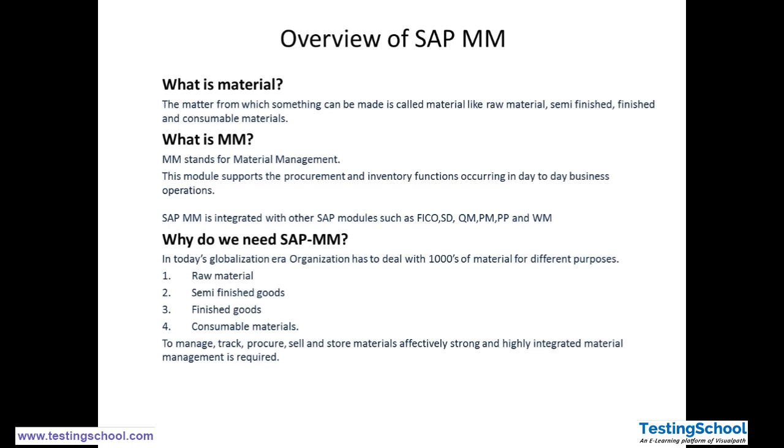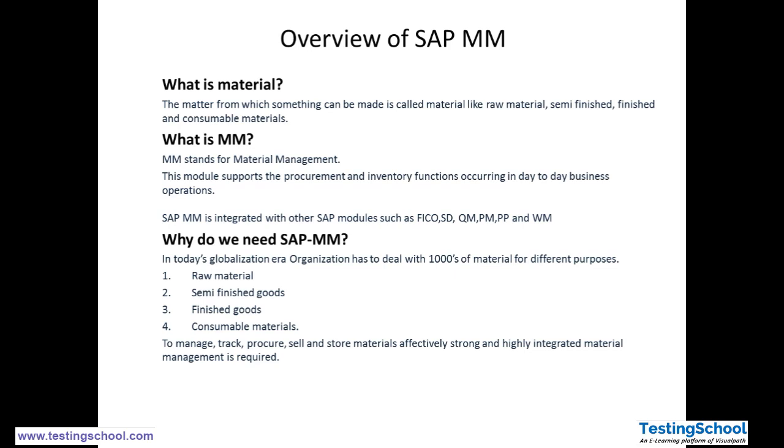So in a nutshell, we will see what these raw materials, semi-finished goods and finished goods are. What are consumable materials? Every company, whether they are into manufacturing of cars, or enamel or paint, requires for its own purpose paper, pen, stationery and some other materials which come under consumables, like electricity, water. These are consumable materials.